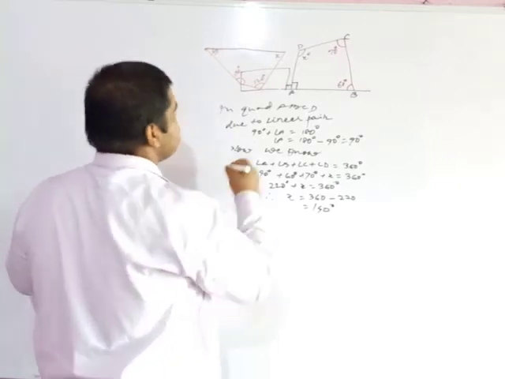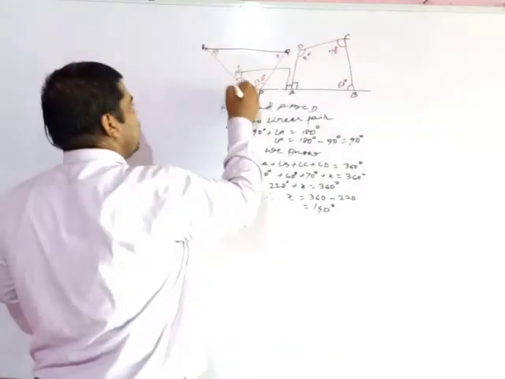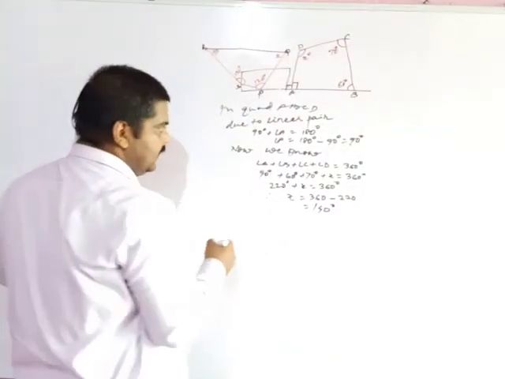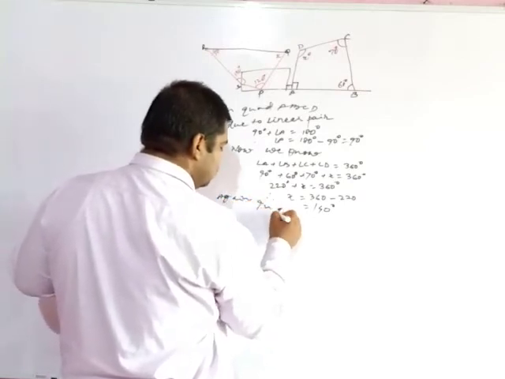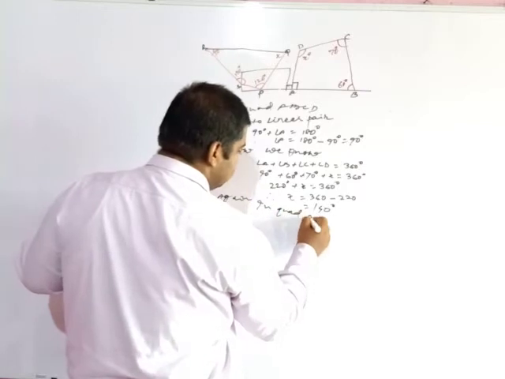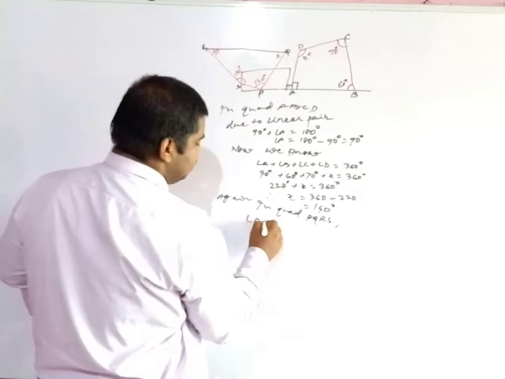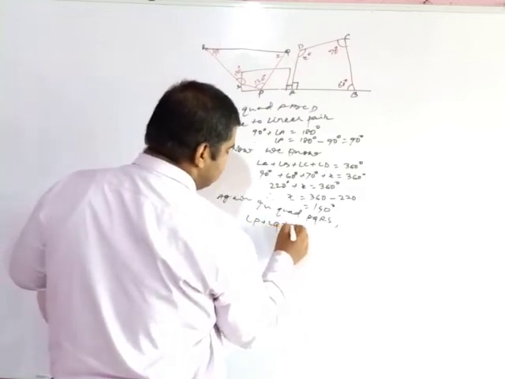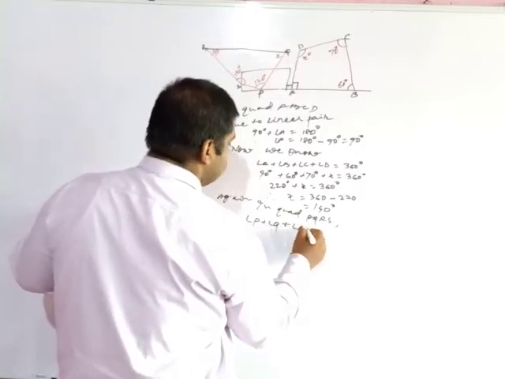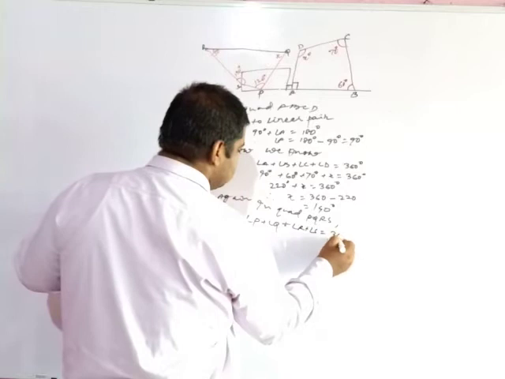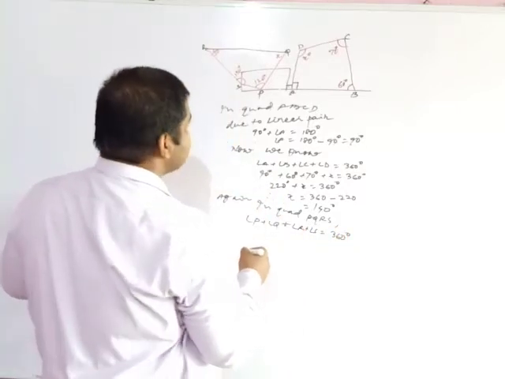Again, you can check in the case of P, Q, R and S. In quadrilateral P, Q, R, S, angle P plus angle Q plus angle R plus angle S is equal to 360 degree, because this is also a quadrilateral.